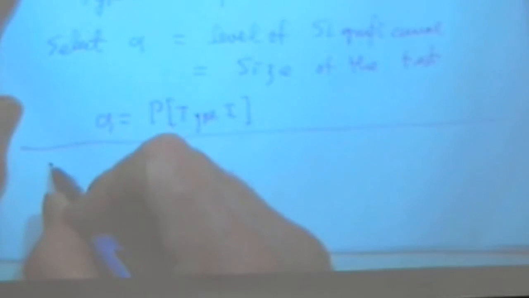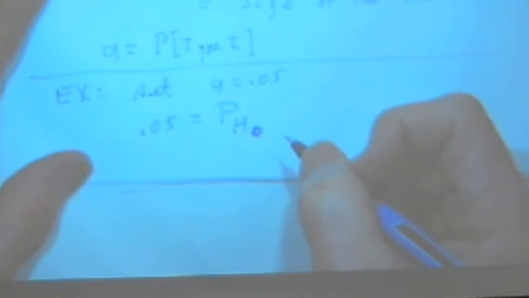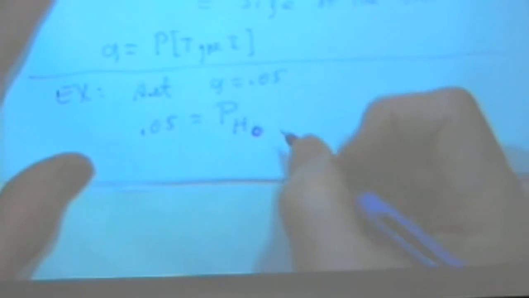So suppose, in the example, we set alpha equal 0.05. Then to determine K, I just put that in, that's probability. And I like to think of this as under H naught, that's where you take the probability for type 1, right? H naught is true. We reject H naught, that's S greater than or equal to K. Okay, and then from that you can determine K. You can do it two ways.